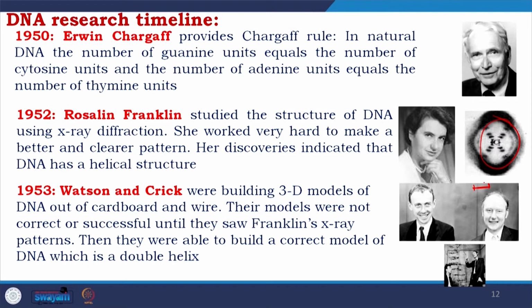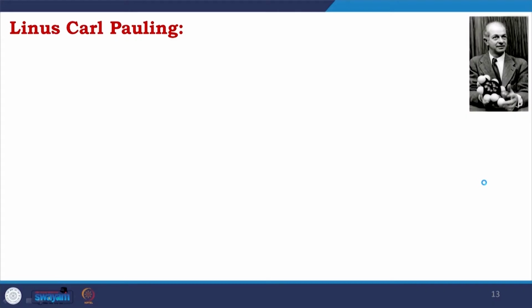When I am talking about DNA structure, I cannot stop mentioning my favorite scientist, Linus Pauling. Linus Pauling was a chemist, and that is definitely one thing I love about people like me who shifted from the field of chemistry to the field of biology.